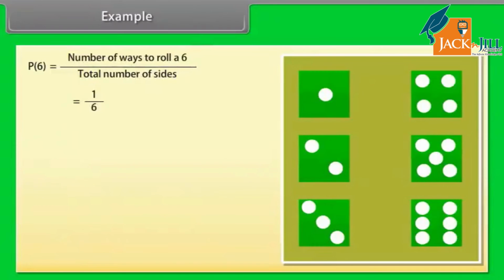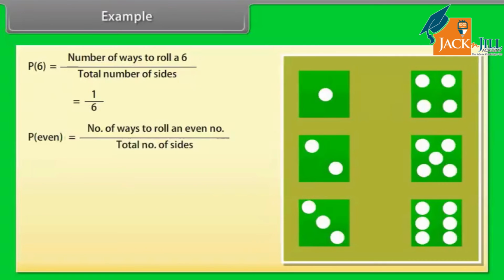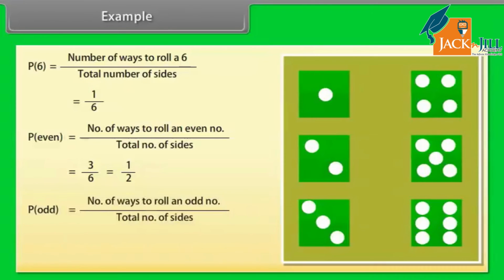We can find the probability as P(even) is equal to number of ways to roll an even number upon total number of sides, which is equal to 3 upon 6, which is 1 upon 2. And ways to roll an odd number is 3. So the probability P(odd) is equal to number of ways to roll an odd number upon total number of sides, which is equal to 3 upon 6, which is 1 upon 2.